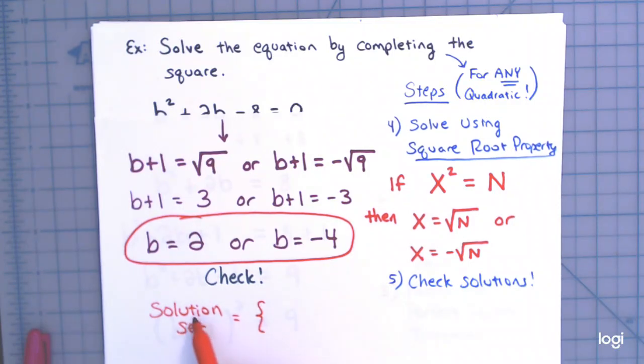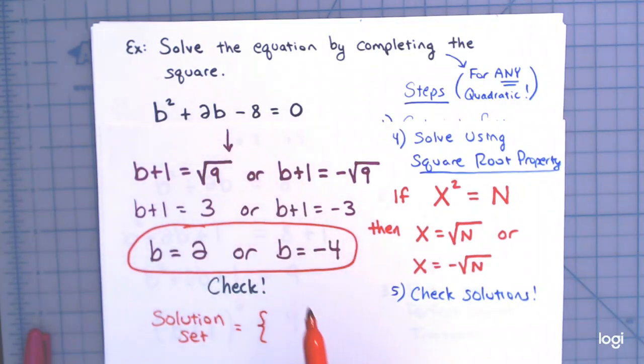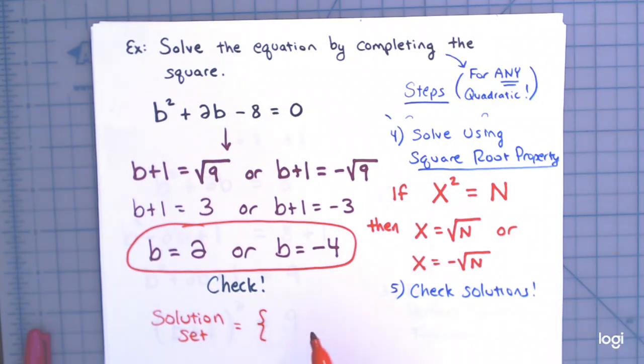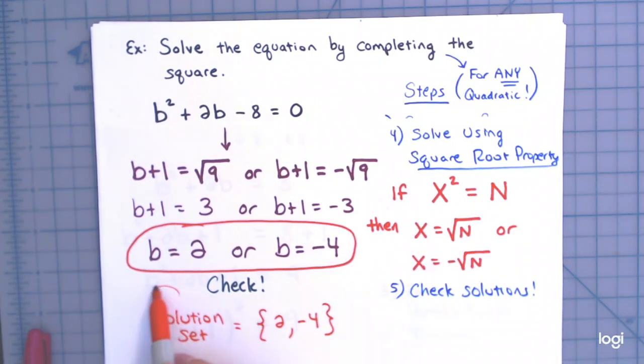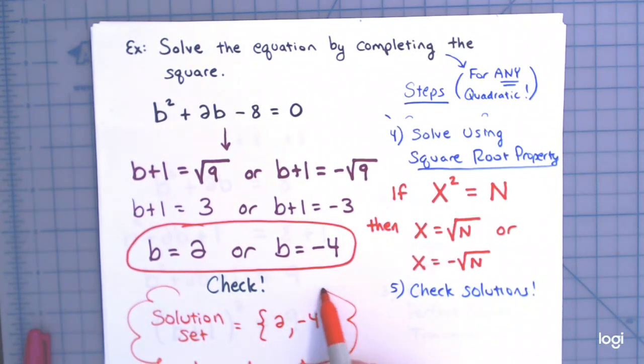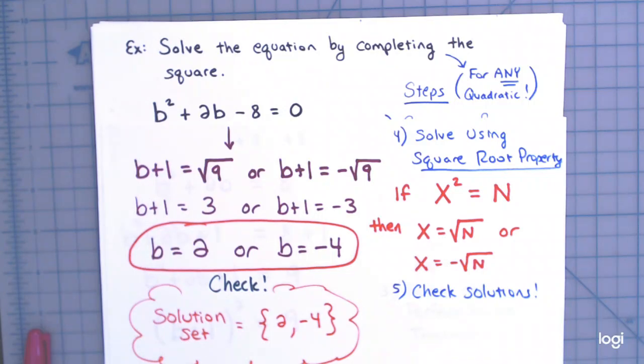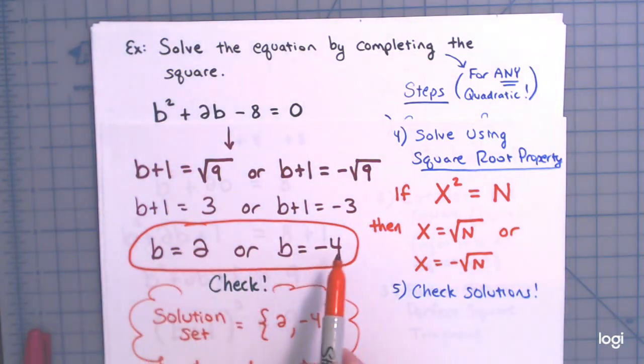So the solution set for this equation is the set, little curly braces with the number 2 in it, comma, and the number negative 4 in it, and only those two. So you might see the solutions written out as a set like that, but I'm not going to do that for future examples. You can just write them as I did; I would totally accept this if I were grading it.